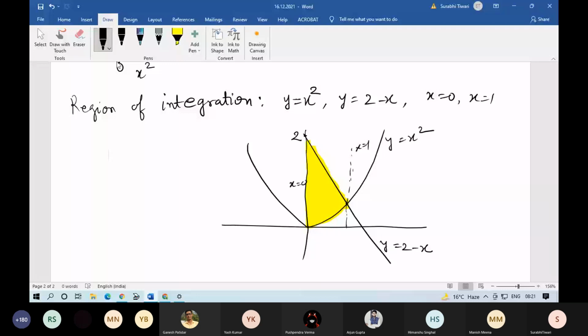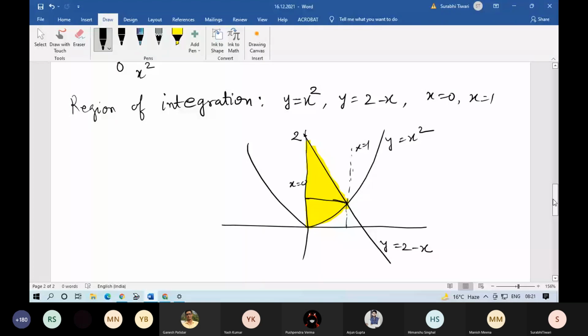So this is a combination of two curves. One is the upper triangle and one is this portion of the curve. So whatever this is the curve, so there are two curves.